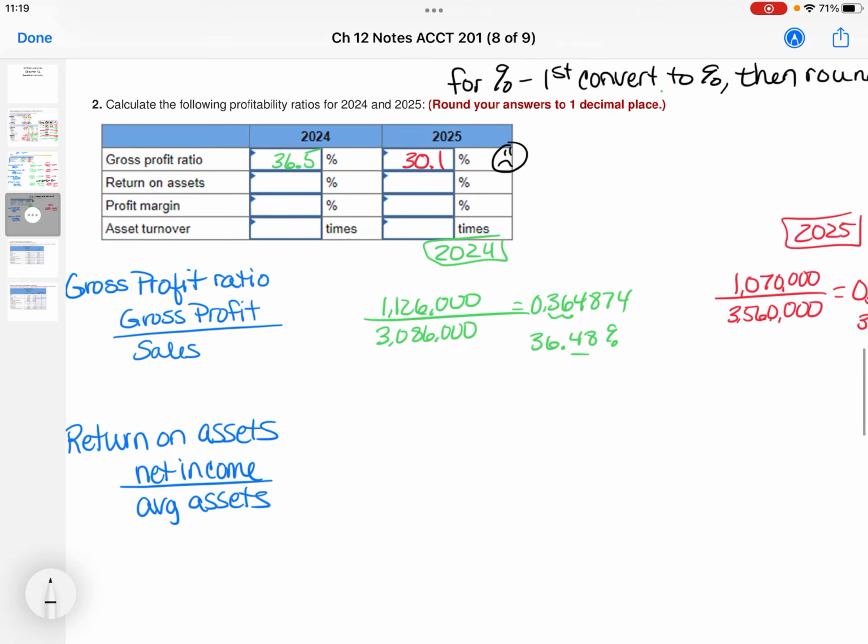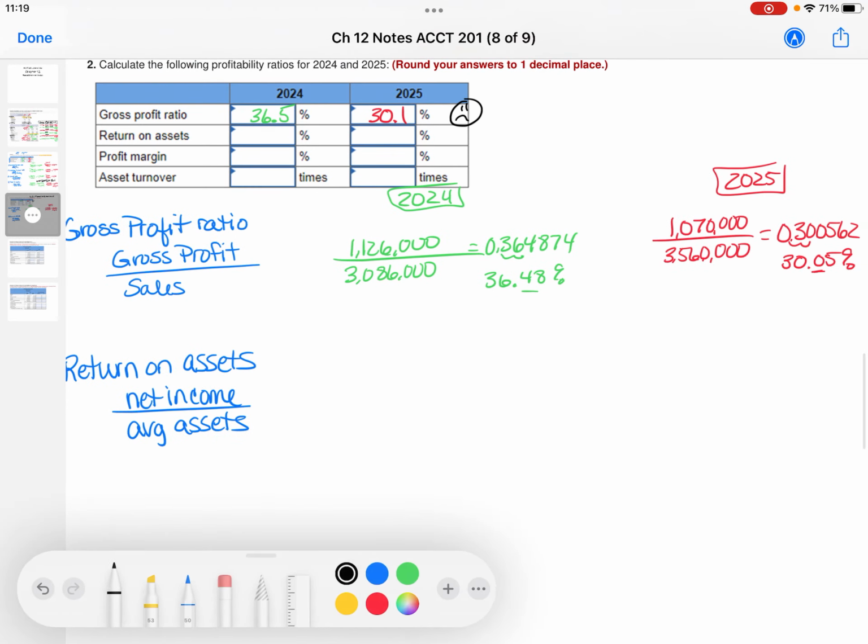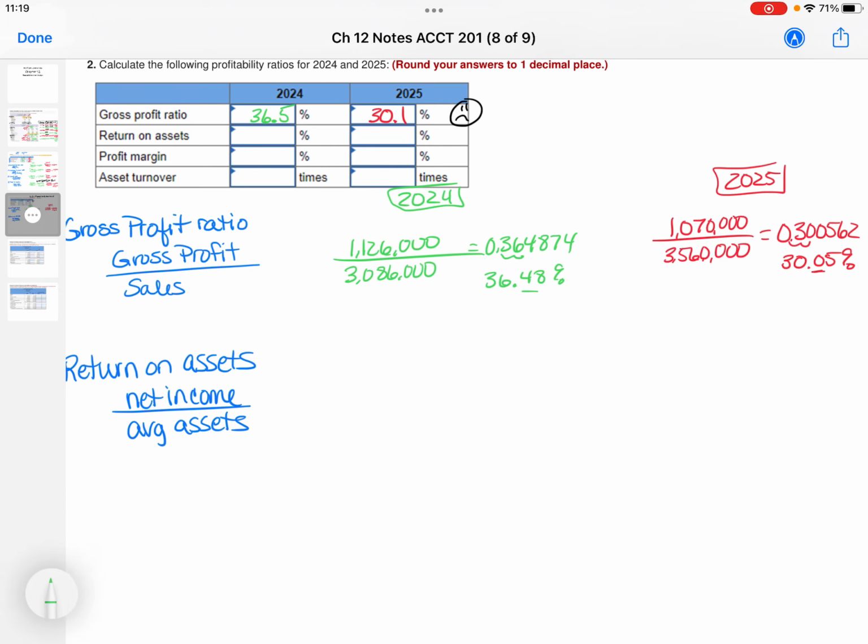All right, return on assets. So I'm going to take the net income, divide it by average assets. So for 2024, net income is 139,000. And then the average assets, 870,100.